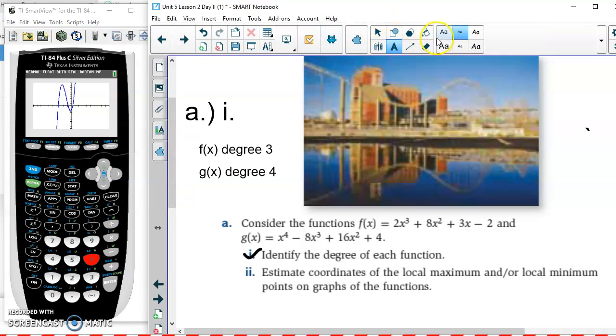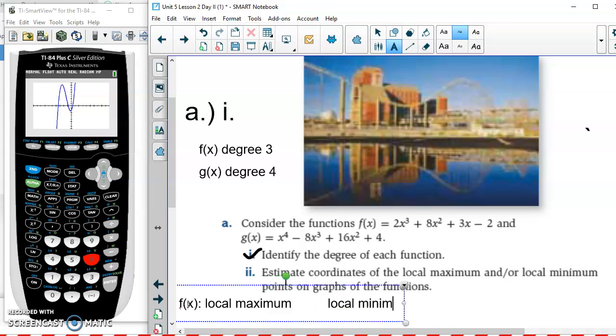So for f of x, the local maximum is, and we'll fill this in a second, and then the local minimum is.